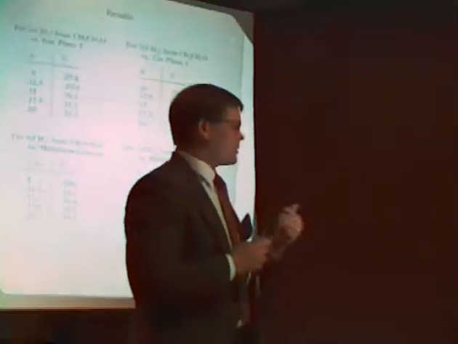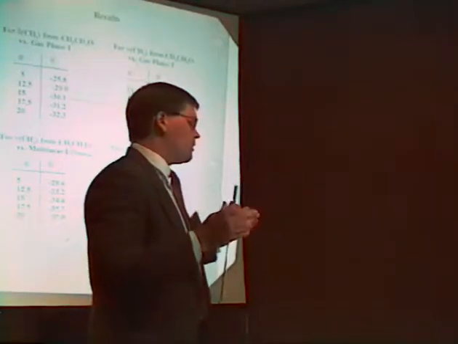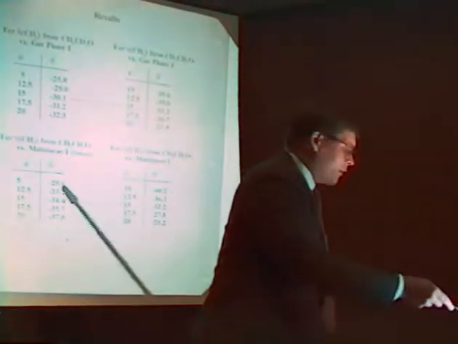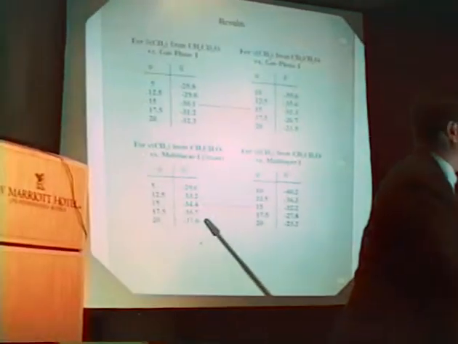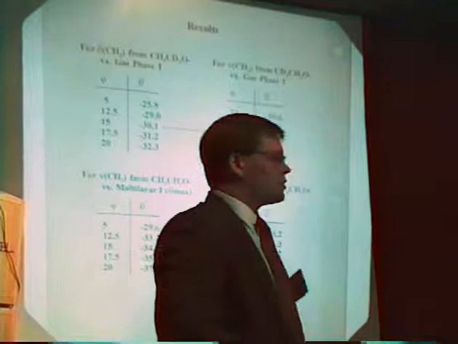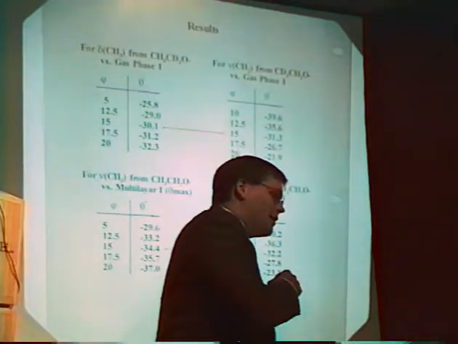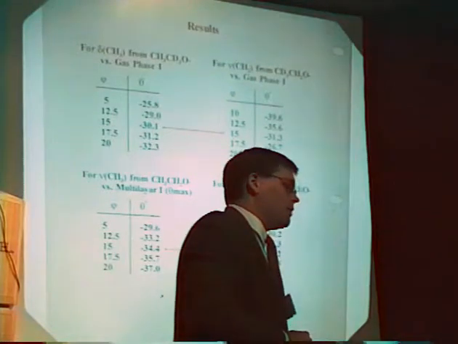But I assumed that all the intensity in that region was from the symmetric methyl group stretch, and I gave it a full width at half maximum of the asymmetric mode. And I determined the maximum error in theta you could get. You see that error is not great. It's less than 5 degrees in theta. So I don't know what the consequent error would be in phi for the methylene. That's true.